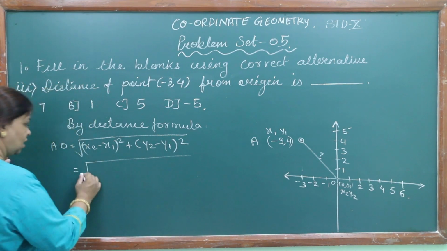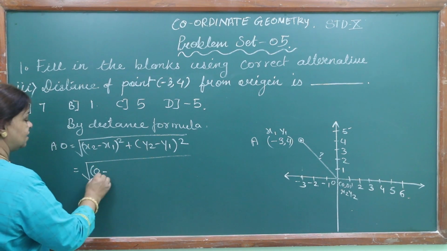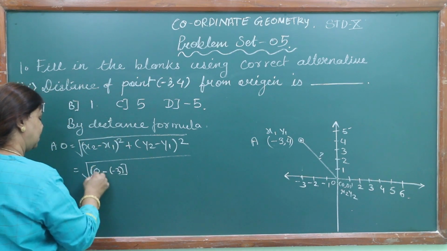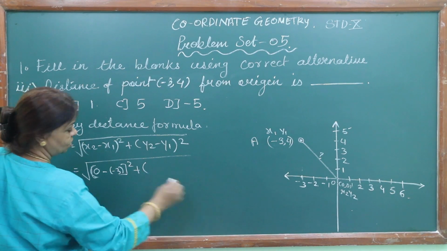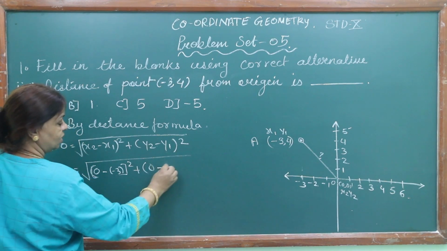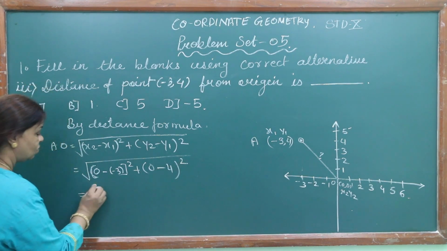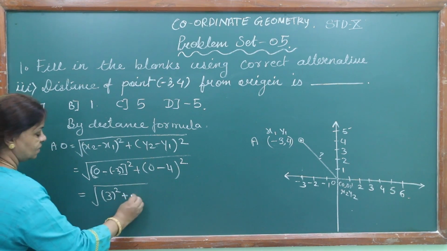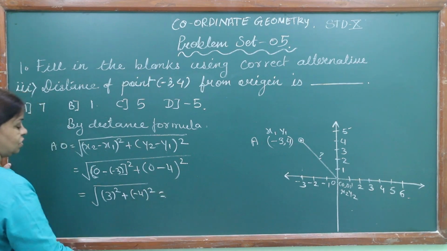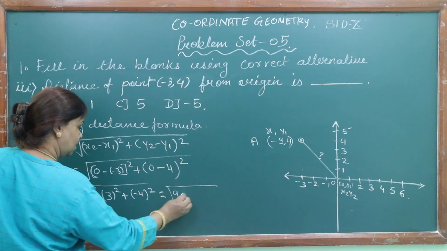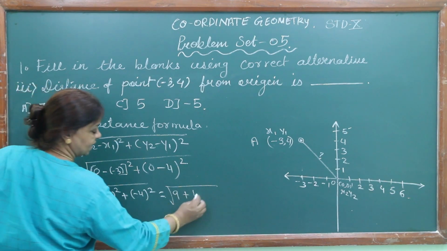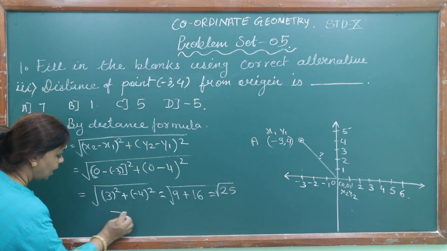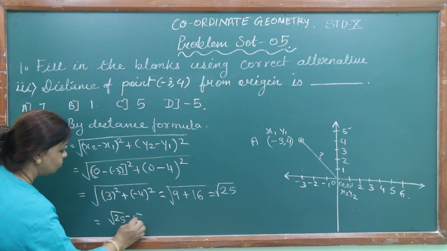Under the root x2 is 0 minus x1 is -3, the whole square, plus y2 is 0 again, then minus, and y1 is 4, the whole square, which is equal to 3 the whole square plus -4 the whole square, which is equal to 3 square is 9 plus -4 the whole square will be 16. 9 and 16 will be 25 under the root, and under the root 25 is going to be 5.